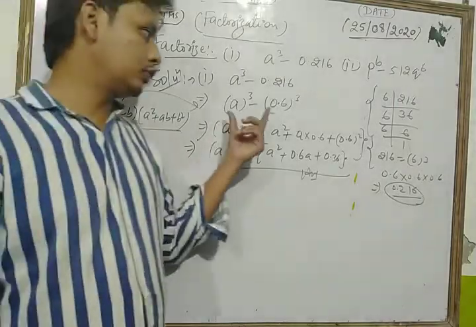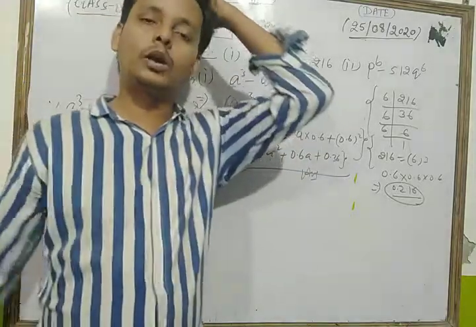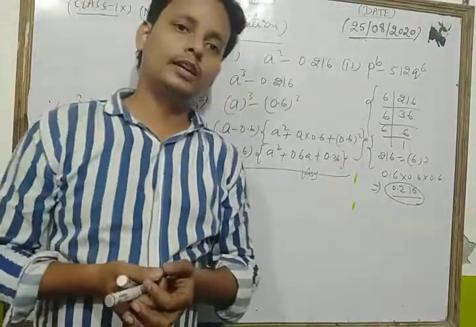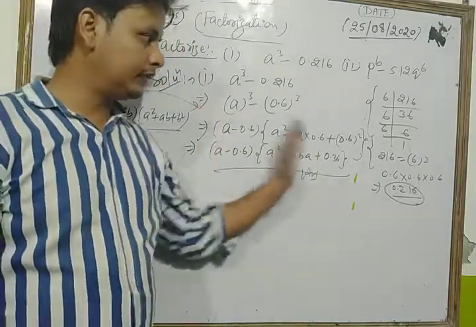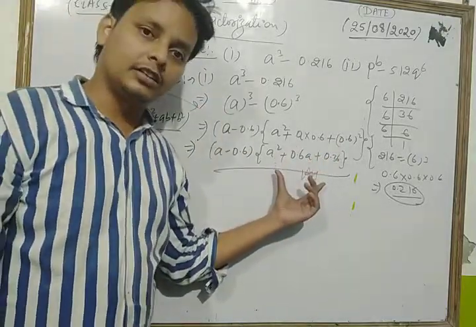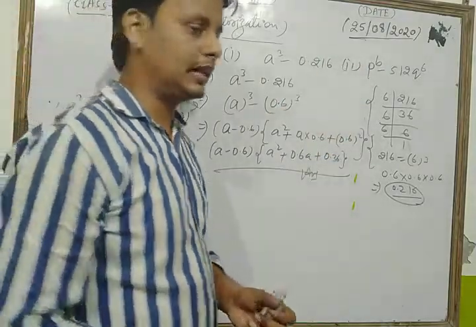You know that the value of a cube minus b cube is a minus b in one bracket, and in another bracket a square plus b square plus ab, and after solving we get our result. Now dear student, we take the second part of this question and solve it.